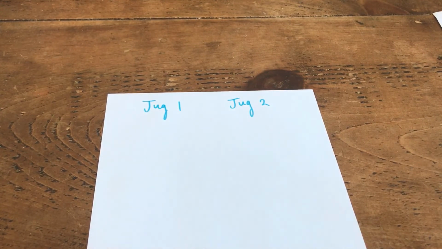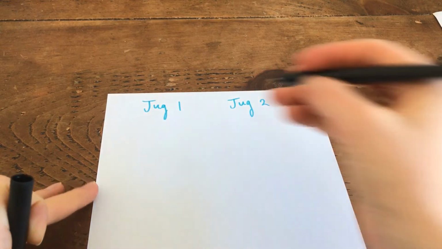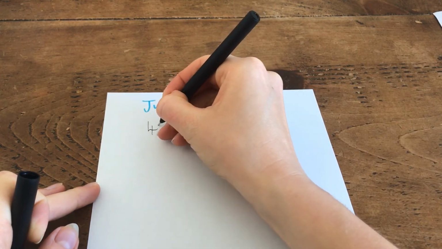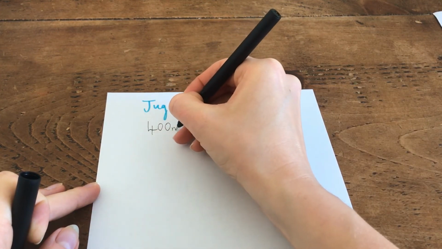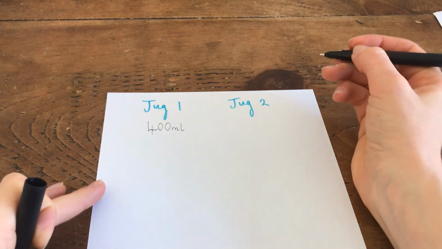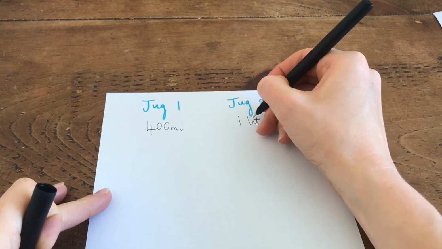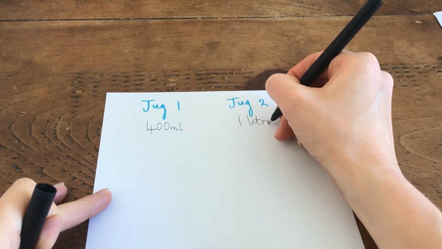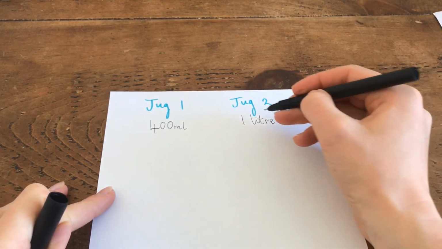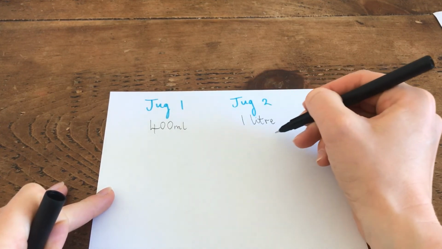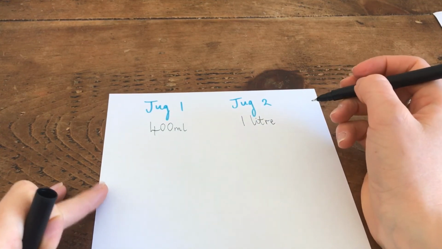Right, so jug 1 and jug 2. So in jug 1, hopefully you've worked this out, there is 400 millilitres of juice. And in jug 2, it goes all the way up to 1 litre. Now, because the question is talking about millilitres, I think it's sensible if we convert this to millilitres. So how many millilitres are in 1 litre?